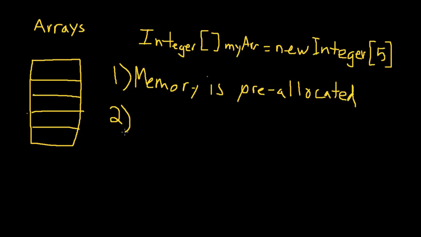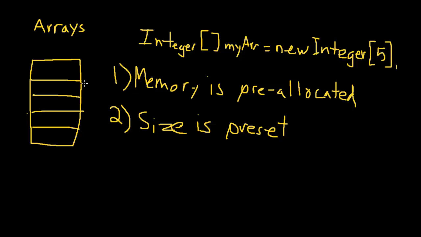The second thing, which kind of deals with this one: if the memory is pre-allocated, that means that the size is preset. This tends to be the most significant part of the downfall, or one of the most. That size is preset. You saw that when we create our new array, we define the size right here.